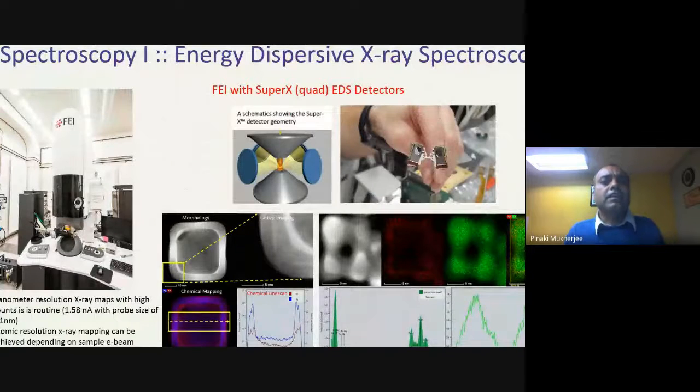All right, now once we have a STEM probe which is very small, what happens is that these incident electrons pass through one atom.